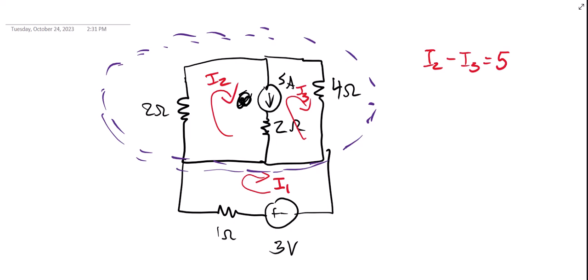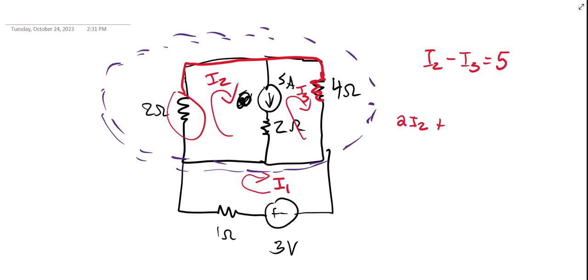And then when I write my mesh equation, I write one equation for both of these meshes together. And I just go around the outside. So this would be 2I2. So I get this one. And then I go around. And then I come to this one.